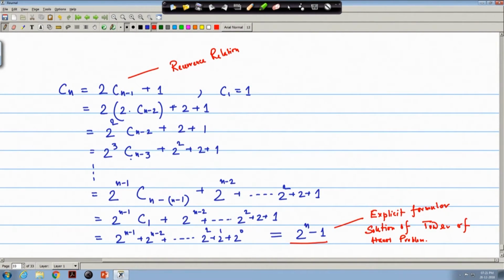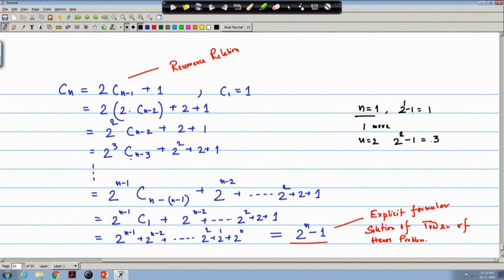If n equal to 1, that means only one disk, then 2 to the power n minus 1 becomes 2 to the power 1 minus 1, that is 1. So, we know that from peg 1 to peg 3 only one move is required. For n equal to 1, it is only one move. Say for n equal to 2, then 2 to the power 2 minus 1 is 3 moves.